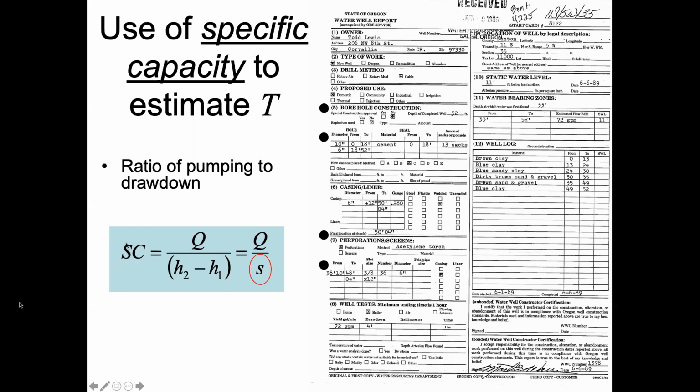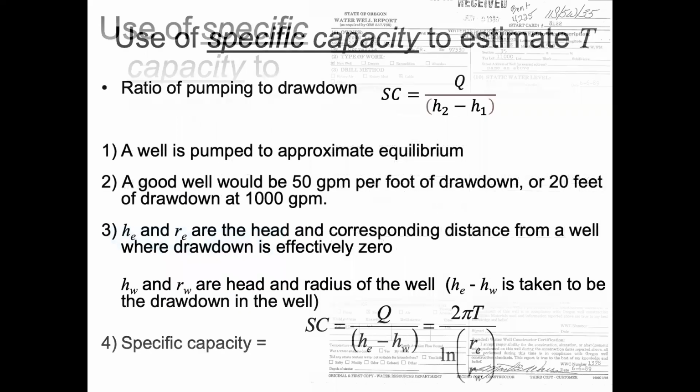Now, the specific capacity is just the ratio of the pumping to the drawdown. Again, that drawdown is S, and S can be the head at the initial condition minus the head at some time in the future, once we've created the drawdown in that system.